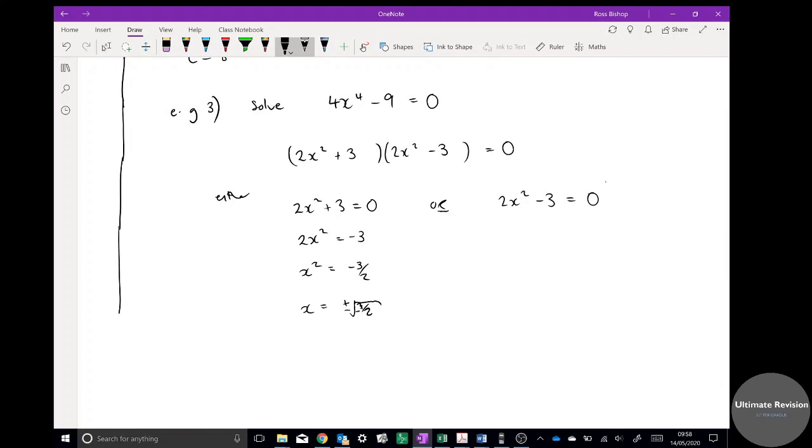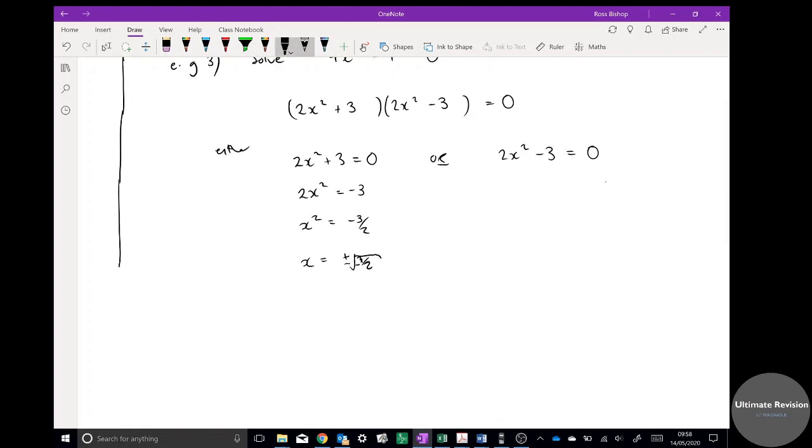Now, you can't square root a negative, certainly not a real solution. Those doing further maths will come on to complex numbers later in the course, but for now, this is no real solutions. Okay, there are some complex solutions, but there's no answer there, but over on this side there will be.